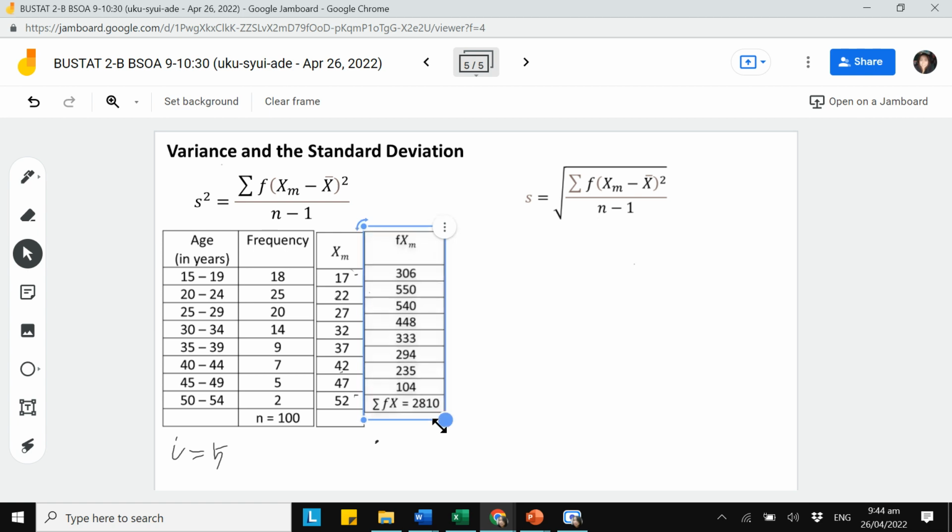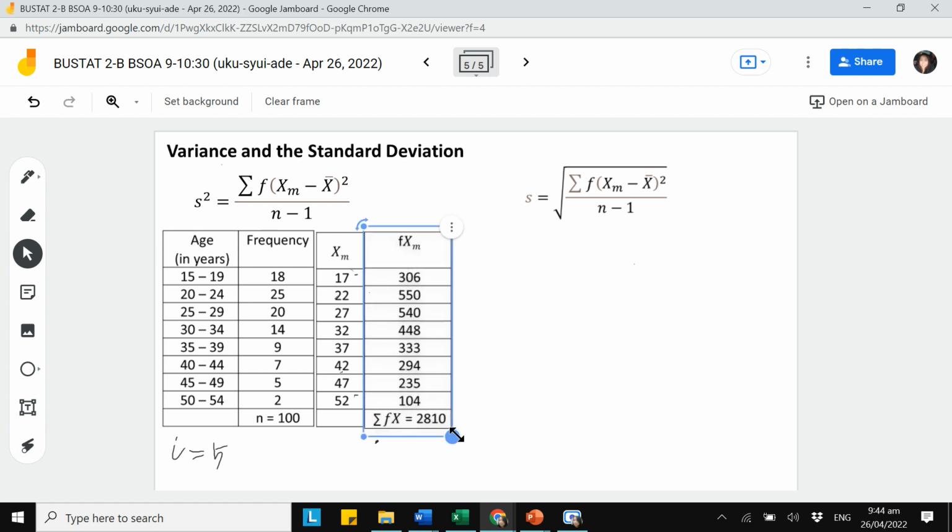Okay? And then, tinotal na po natin, you get 2810. Now, since we're dealing with XM and the mean, so you have to compute for the mean. So, kunin nyo yung mean ng X of M, dividing nyo dun sa frequency.